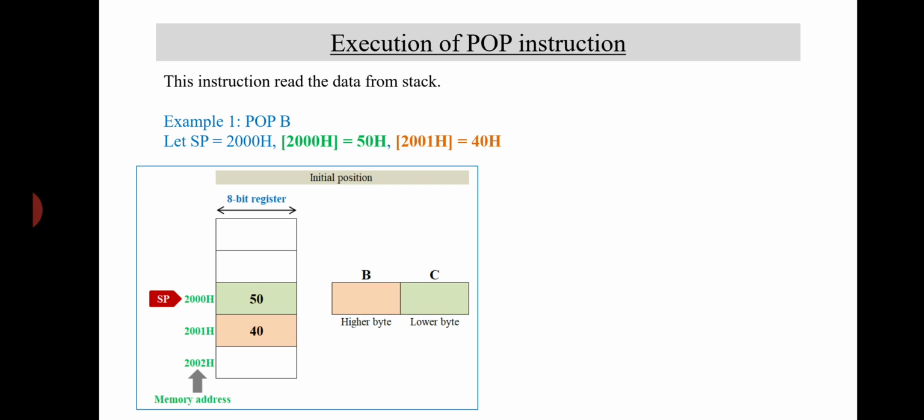As and when this pop instruction is executed, the data which is stored in the location 2000 will be stored in the register pair BC. This 50 will be stored as the lower byte in register C. Then the stack pointer will be incremented and it will now point to the location 2001, and this data 40 will be stored in register B as the higher byte.